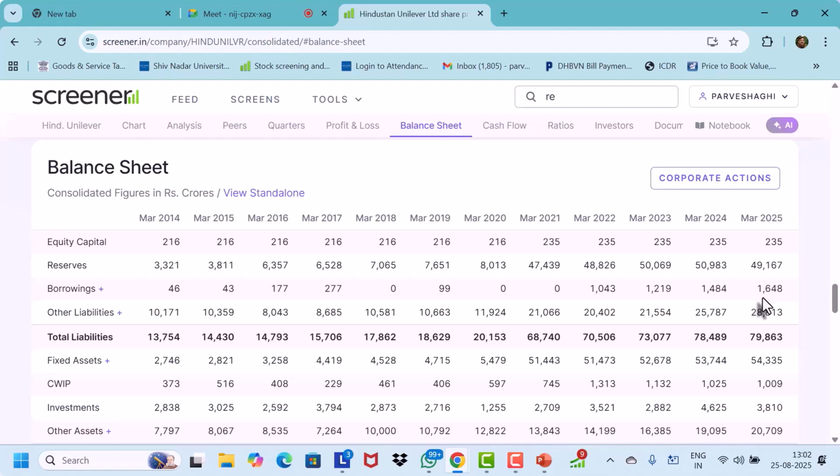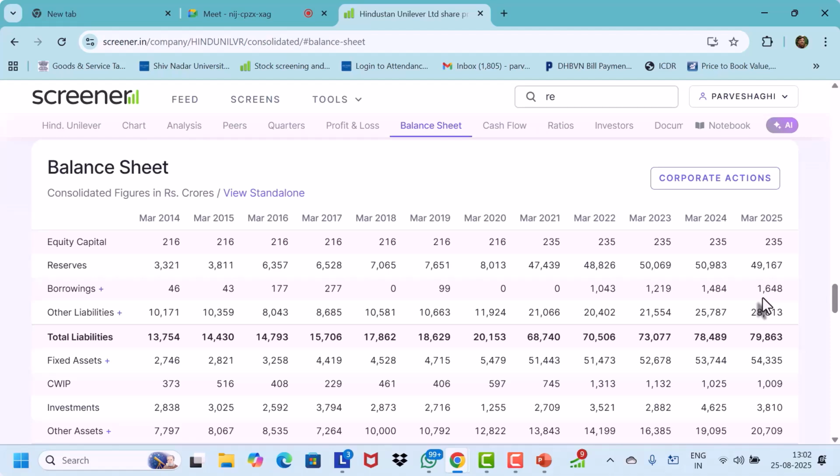Equity capital is 235 crore, plus the reserves of 49,000 crores. So it would be 49,000 plus 235. So this is called the equity, and 1648 is debt. When we divide 1648 by roughly 49,400 crores, we'll get 0.03, isn't it?